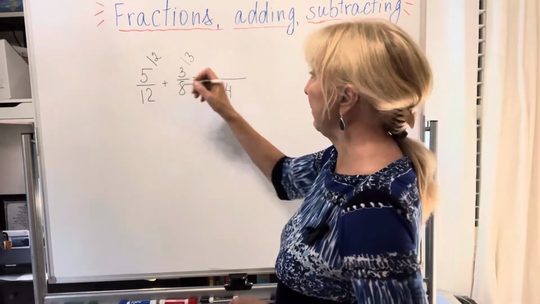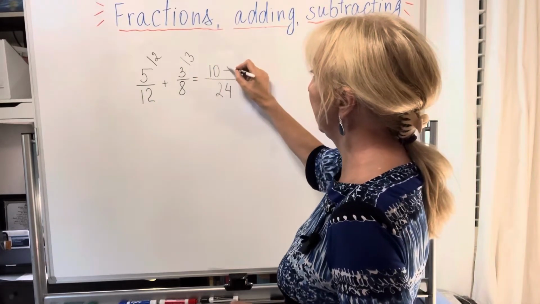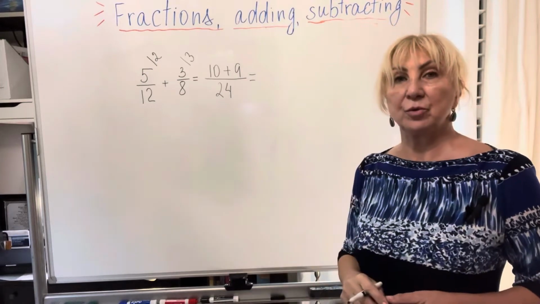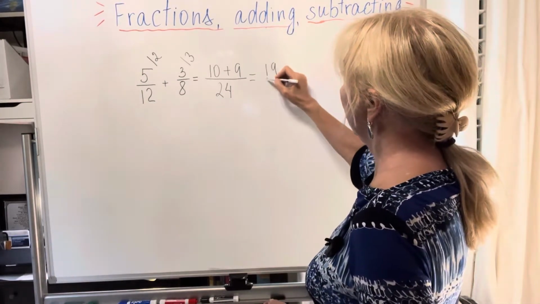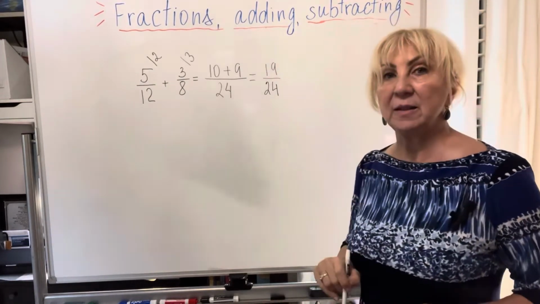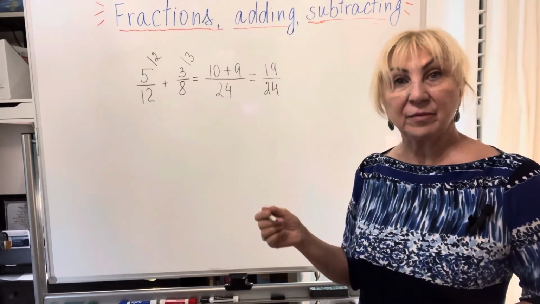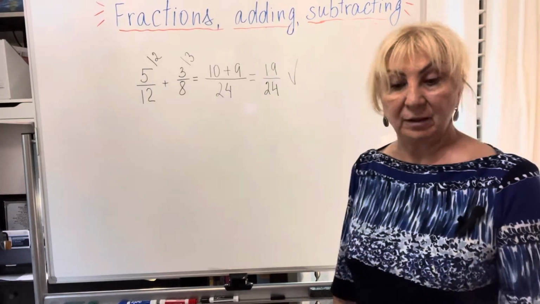Now 5 times 2 is 10, and 3 times 3 is 9. Adding those two numerators, we get 19 over 24. Since 19 and 24 have no common factors, we cannot simplify. This is our final answer.